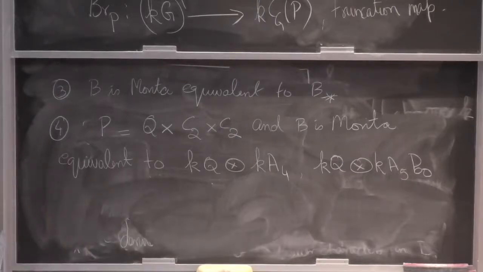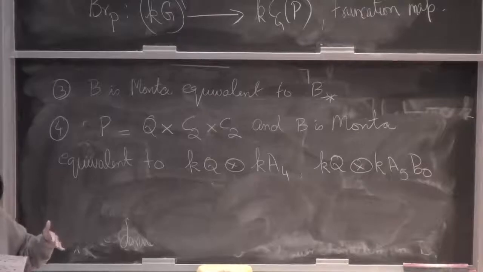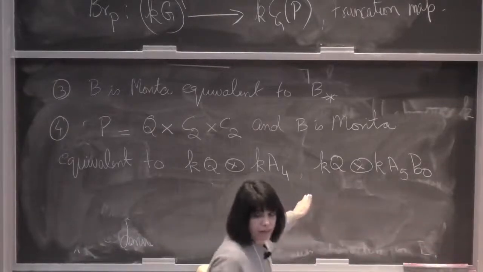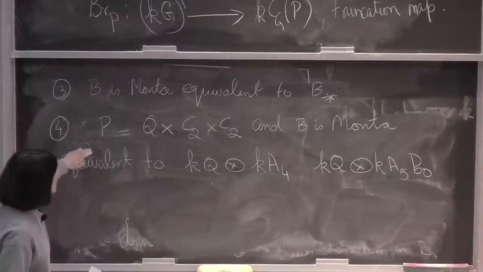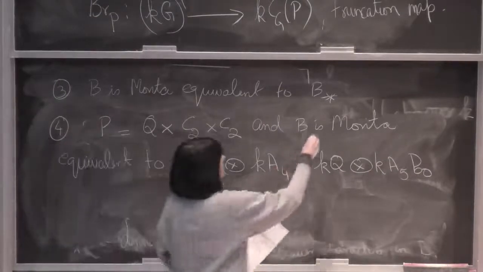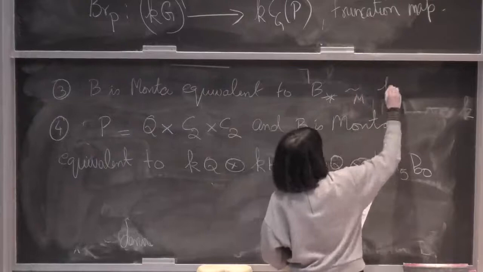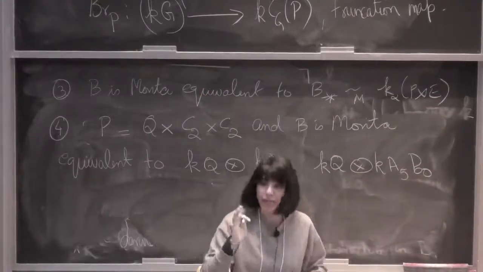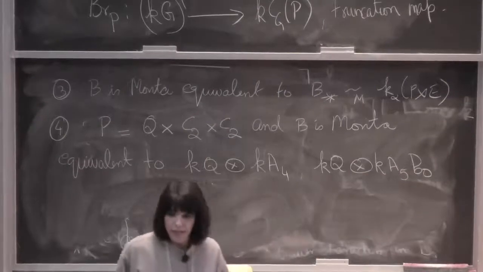Okay, and that's it. So everything that we're getting beyond Walter's theorem is these very easy structures. Remember, if B is Morita equivalent to B star, that is Morita equivalent to the semi-direct product. And if we can get to that stage, we are really happy.